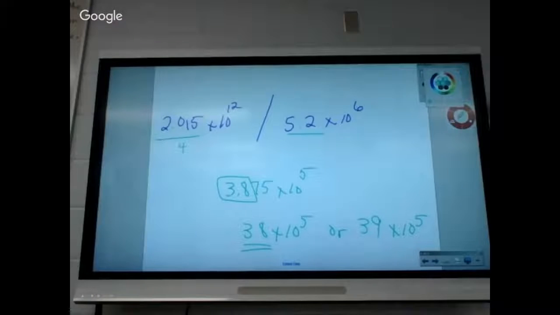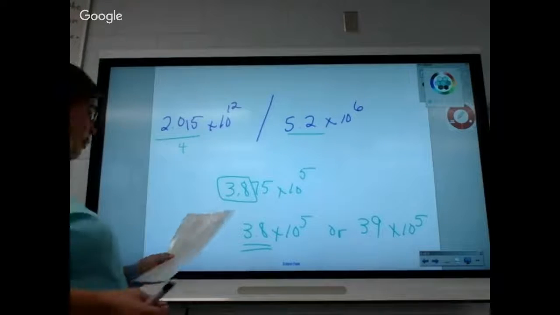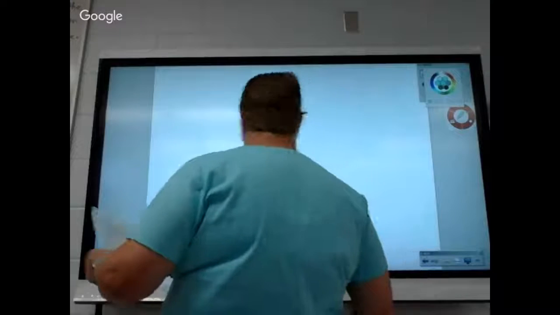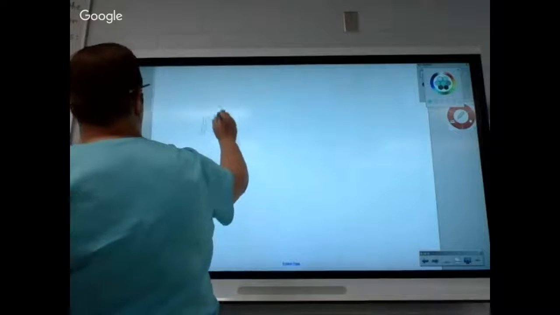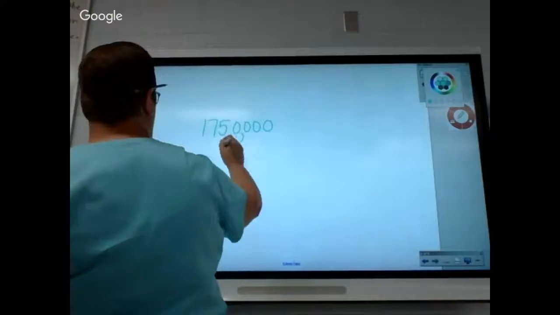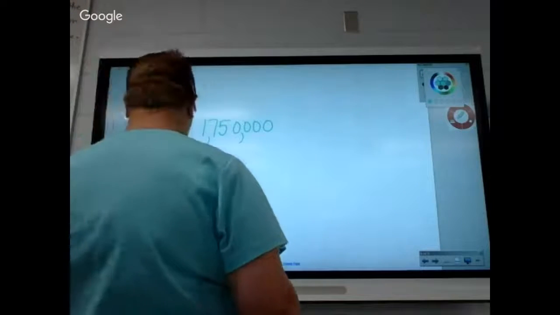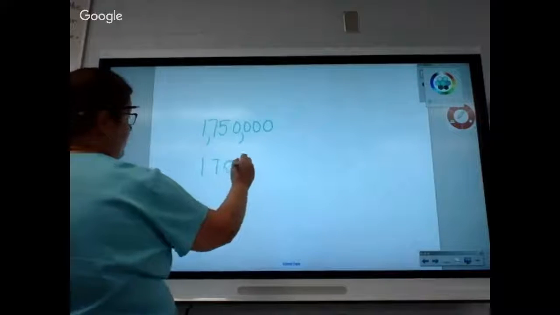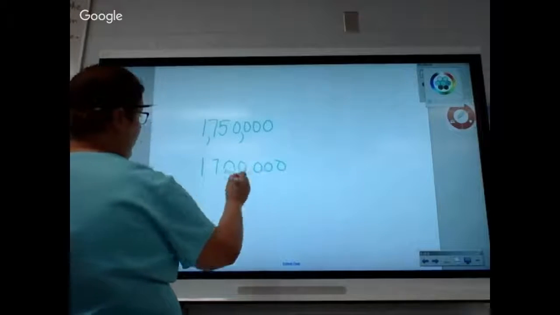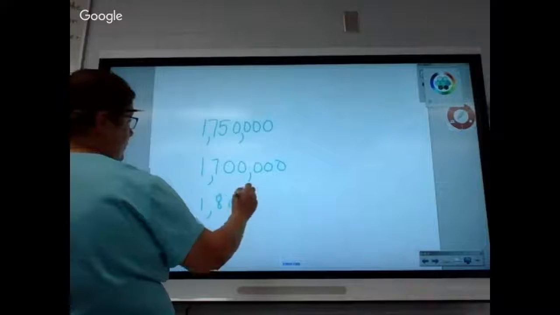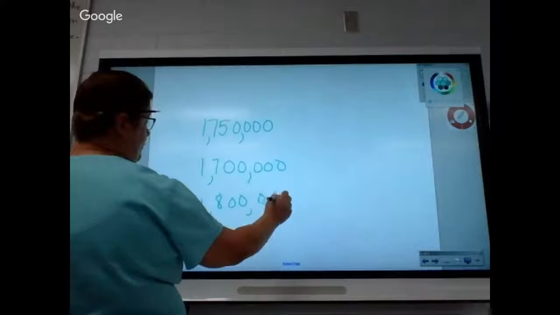All right, number 8, I got a really big number here, so you can do it either way. You can leave it like that and then change it to 1, 7 and fill in like this if you prefer, or you can round if you prefer to round.